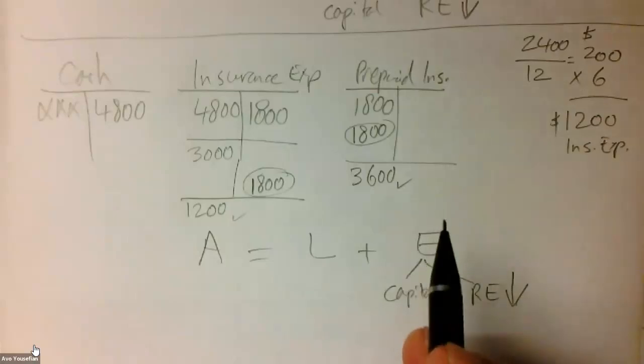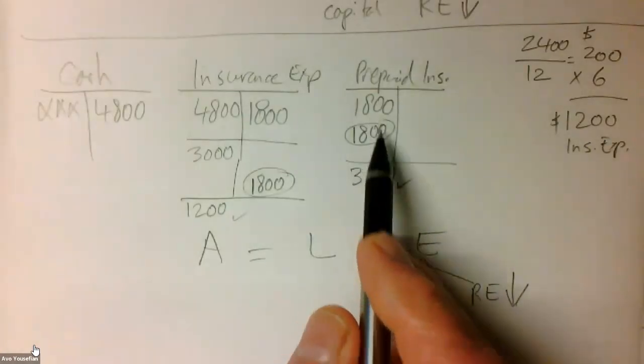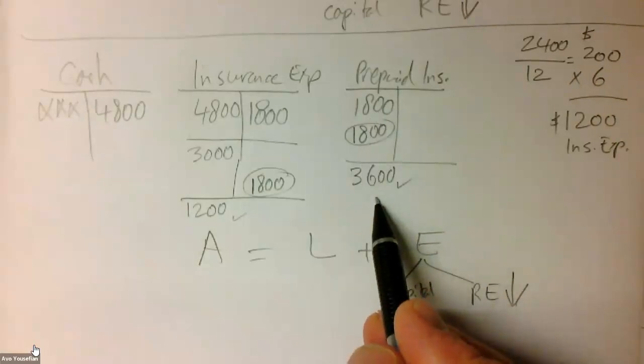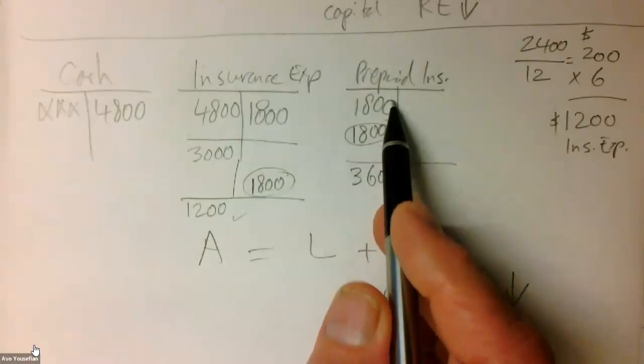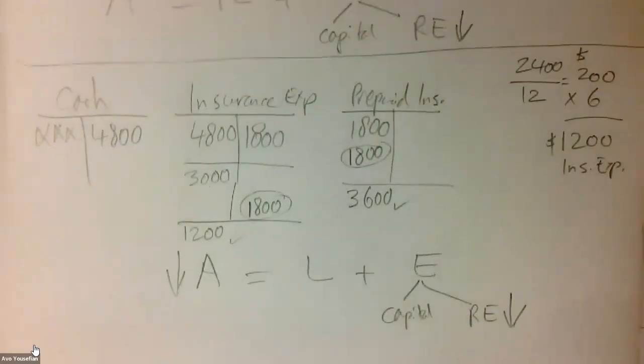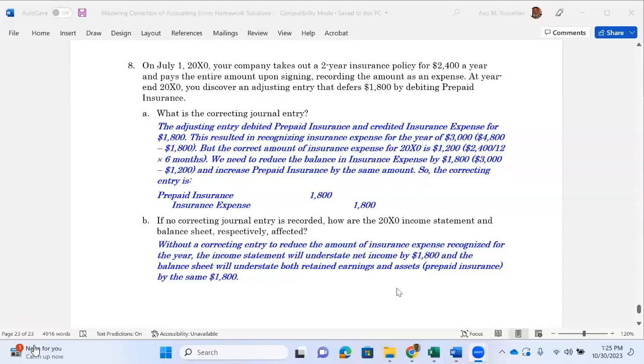And asset. If your asset is 1,800, it's understated. It should be 3,600. So if you don't do this, your asset will be understated. So look at the equation. Asset is understated on the left side. Retained earning is understated on the right side. The equation is equal, but the financial data is wrong. Make sense? And this is the answer for problem 8, which we just solved.